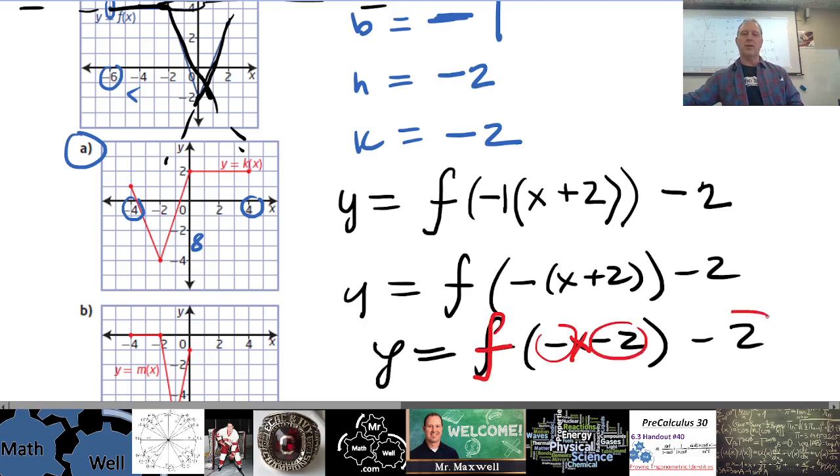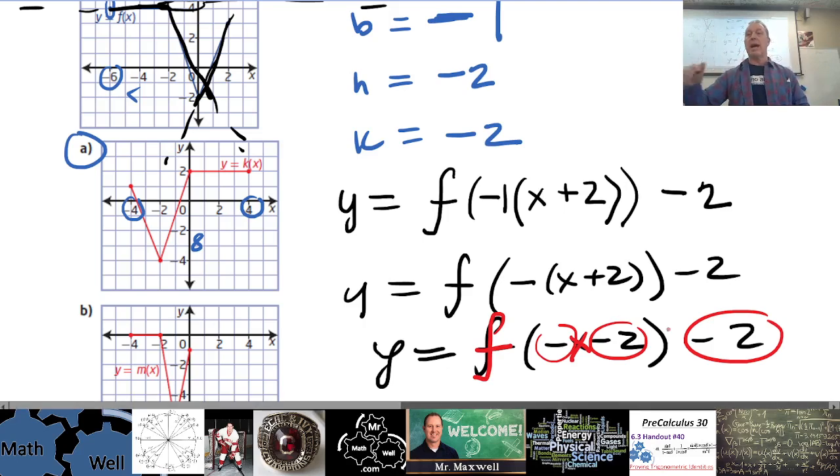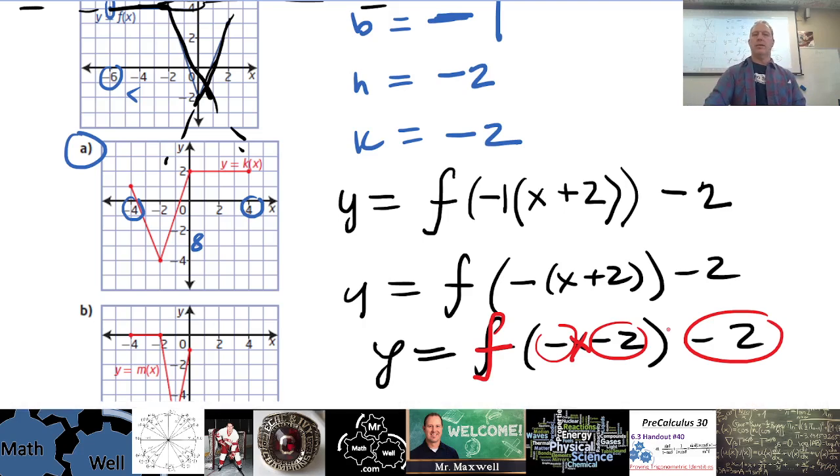You know what I mean? This is all the things that we've done to this original graph. So it's kind of like a general statement. This is how you would describe the transformations to your original graph f of x. If it's a parabola and we give you x squared, then you can do all these changes to the actual x squared. But you don't have to on this one. Just do it to the f of x. Okay. Is that enough?